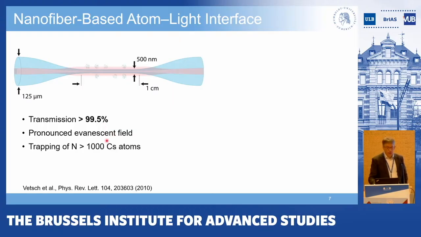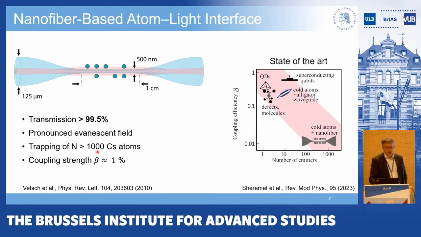And if we now trap atoms, and we can trap, say, a few thousand cesium atoms inside that field with a coupling strength of a few percent, then this puts us into a regime, for the experts, which singles us out from other matter-light interfaces between quantum dots, molecules, or superconducting qubits, because while our coupling is not so strong per emitter, we can have many emitters and are in this corner here, okay?